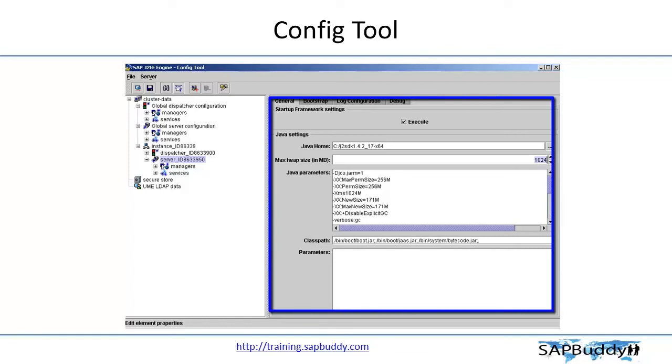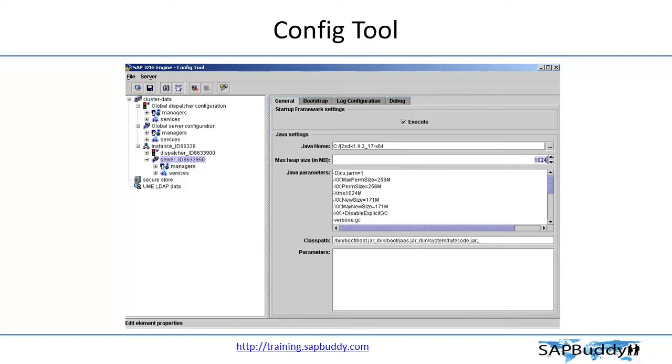This we have already seen. And please remember, this is very important, that you can only use the configuration tool to change the parameters if the instance of the SAP system, that is the SAP Java instance, is stopped.